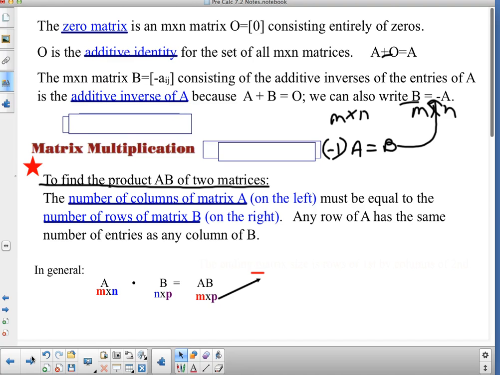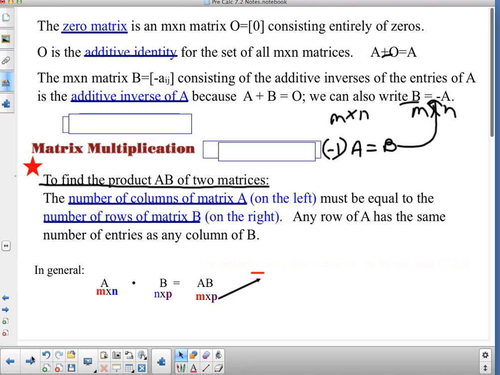The zero matrix is an m by n, row by column, matrix 0 or matrix O, which is just equal to 0, consisting entirely of zeros. Whatever it is, if it's a 2 by 2, it's got zeros across every row and every column down. So the O is the additive identity for the set of all m by n matrices. So A plus O is just A.